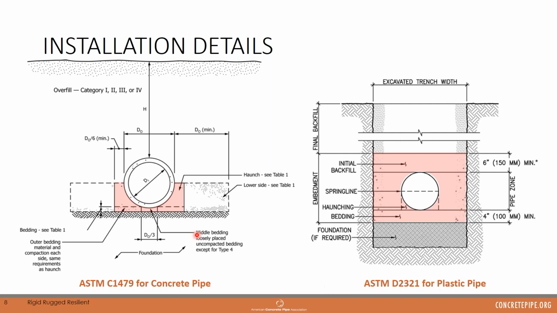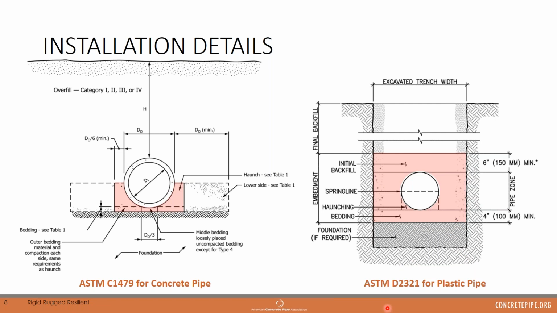And you can see in this shaded area here, these are the critical zones or the structural backfill required around each of the types of pipe that we're going to talk about today. So for concrete pipe, we're very much concerned with everything below the spring line. And for flexible pipe, it's the entire soil envelope that the pipe relies on for proper performance.